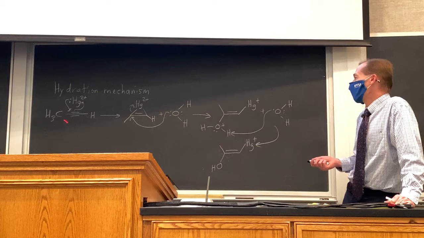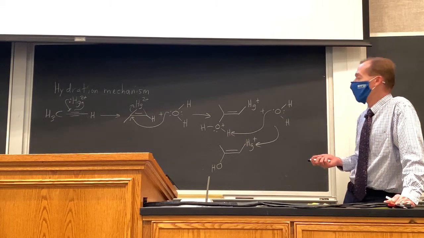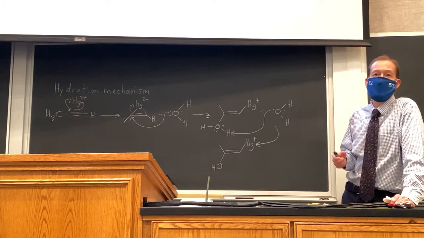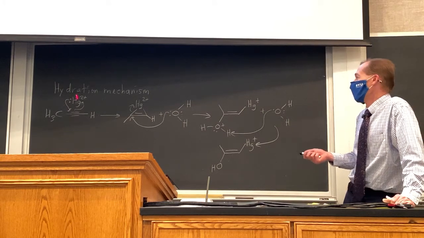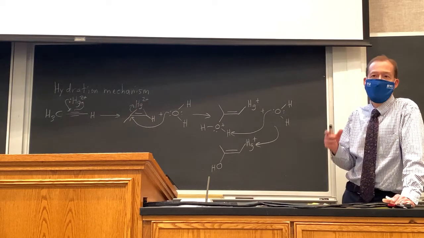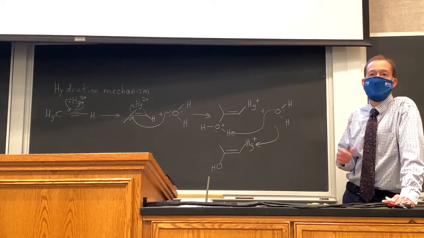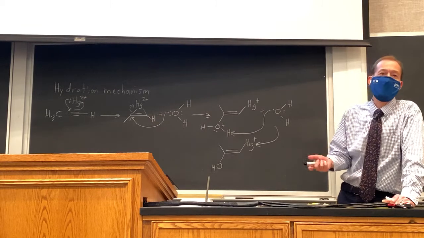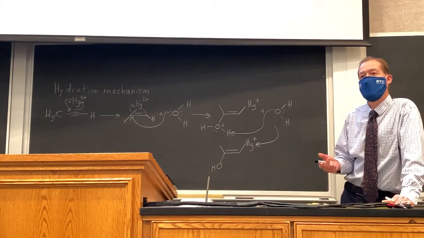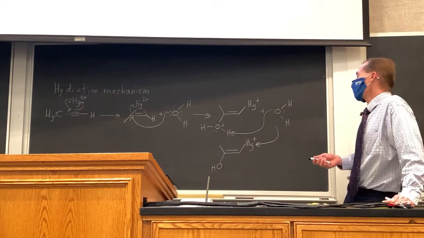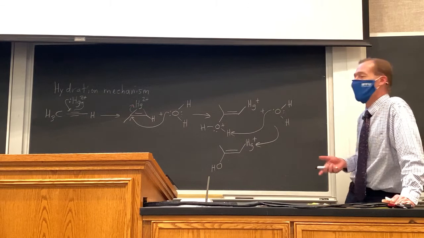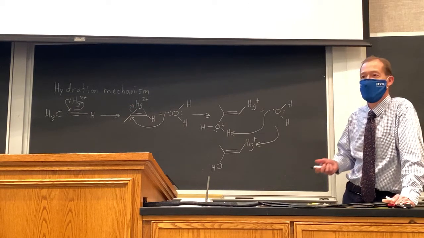So as that takes place, before we form the vinyl carbocation, we can use one of the lone pairs of electrons on the mercury to come back down and form a three-membered cyclic intermediate that looks very similar to the halonium ions that we form when alkenes and alkynes react with bromine or chlorine. Okay, and so this is strained. It has a positive charge. It's very reactive, very electrophilic.